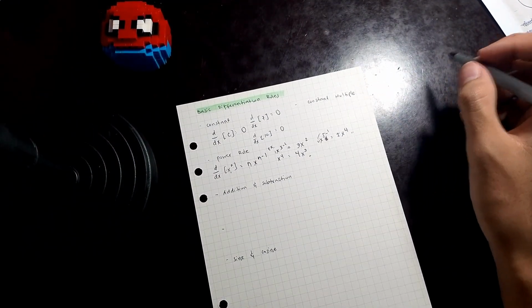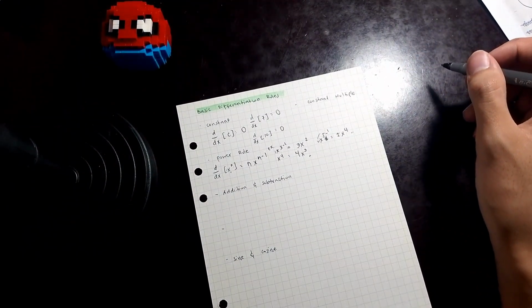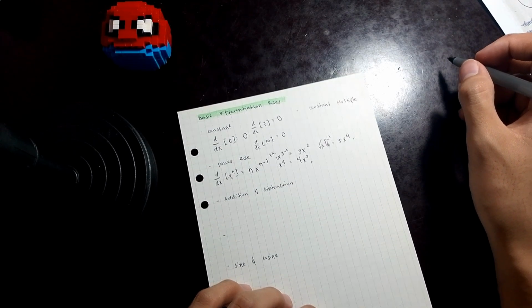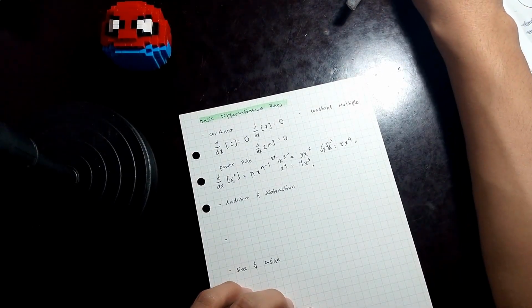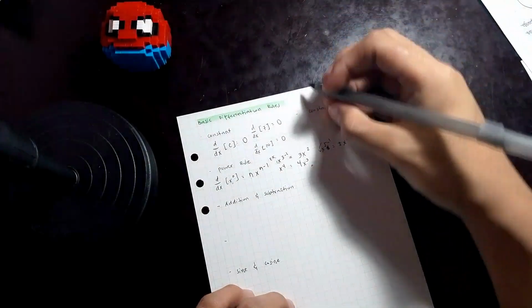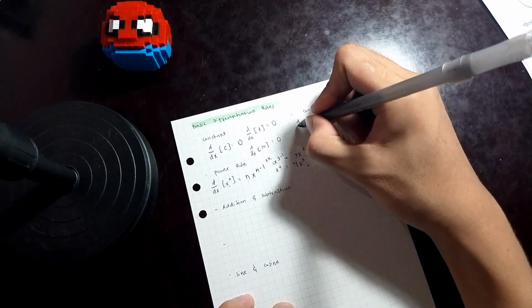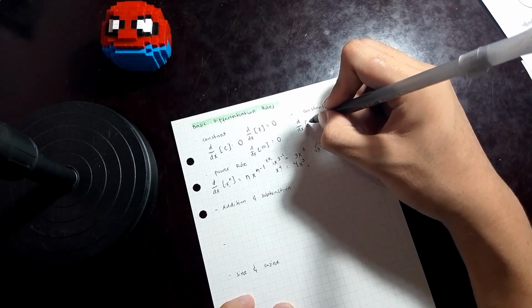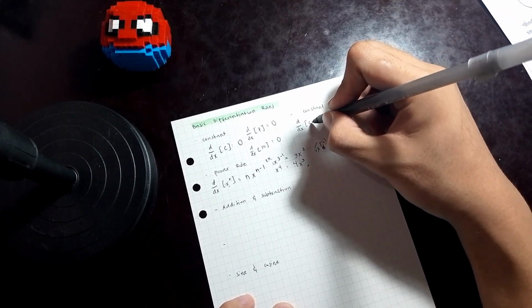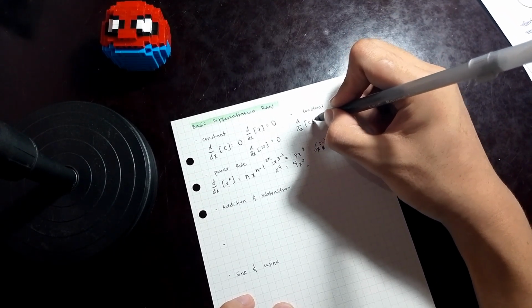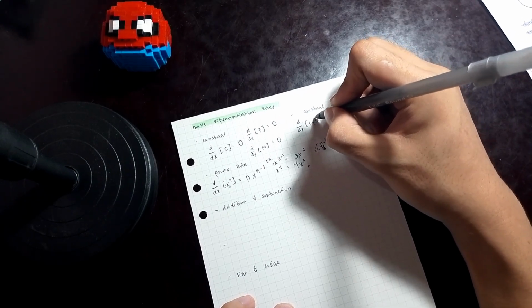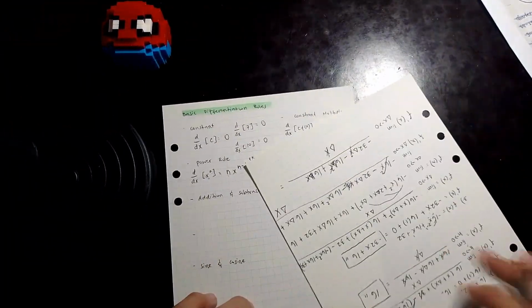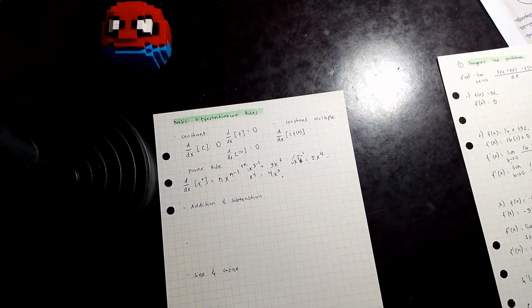Now, what about the constant multiple? In the constant multiple, we have the formula: the derivative of a constant multiplied to the function of x.